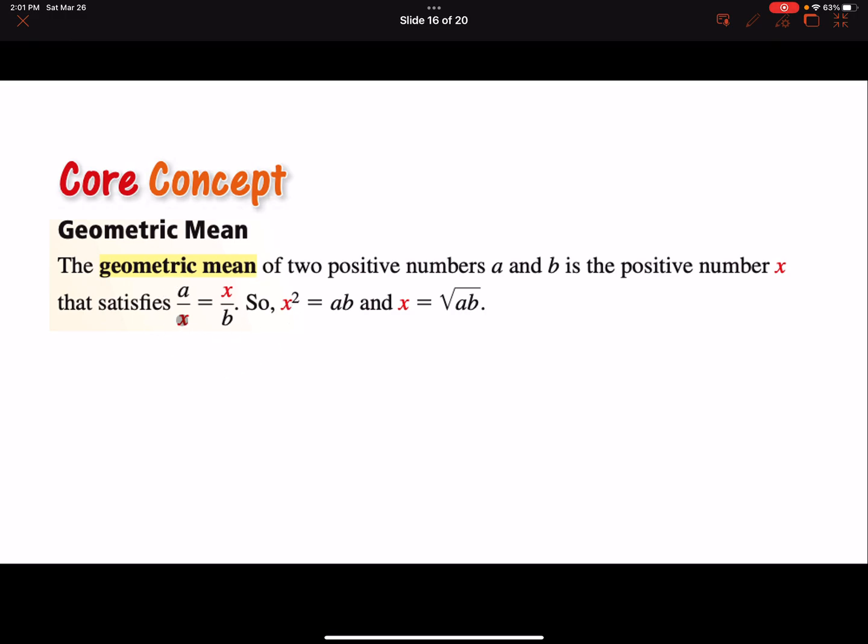This comes from a proportion of A over X is equal to X over B.